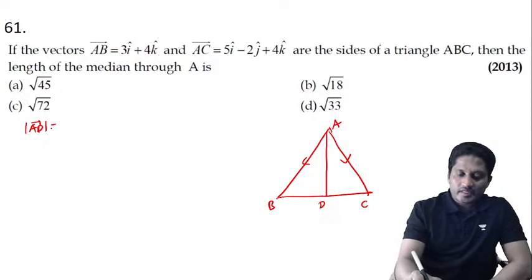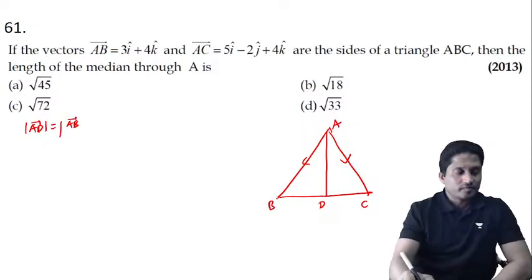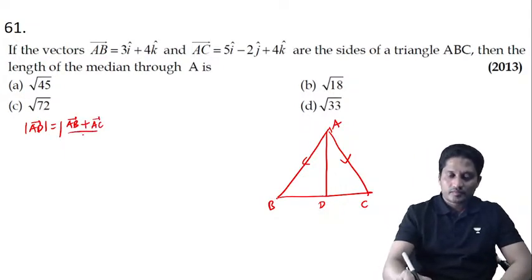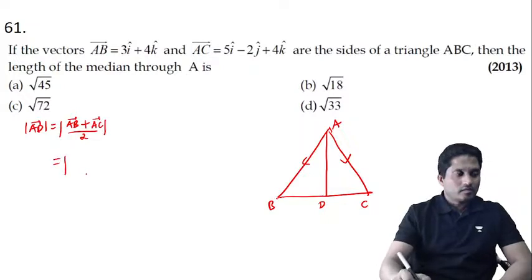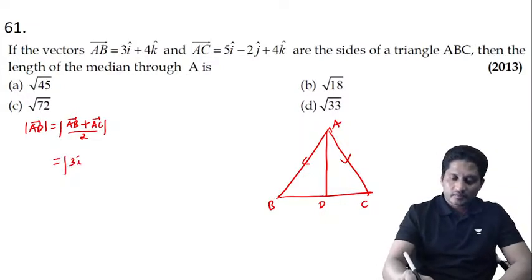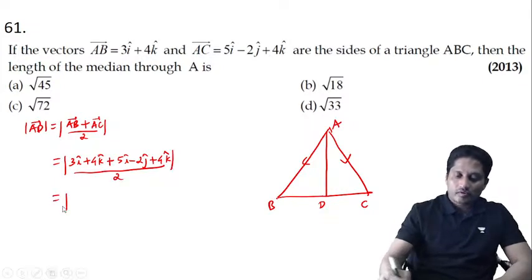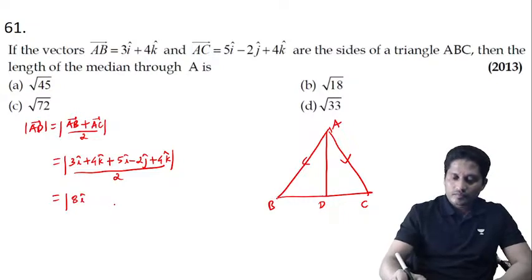The median through AD is equal to (AB plus AC) by 2. This fellow is AB plus AC by 2. AB is 3i plus 4k. AC is equal to 5i minus 2j plus 4k, and then the whole divided by 2. Right, the sum is 8i minus 2j plus 8k, and the whole divided by 2.